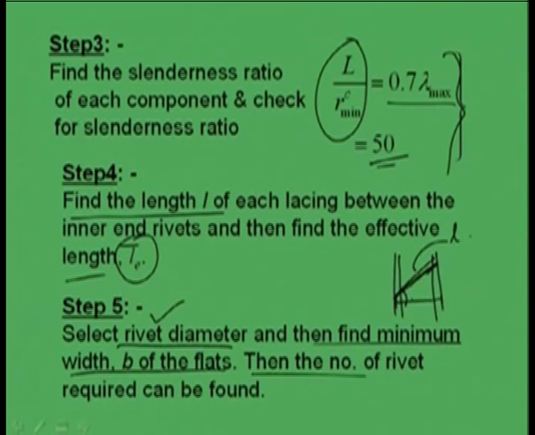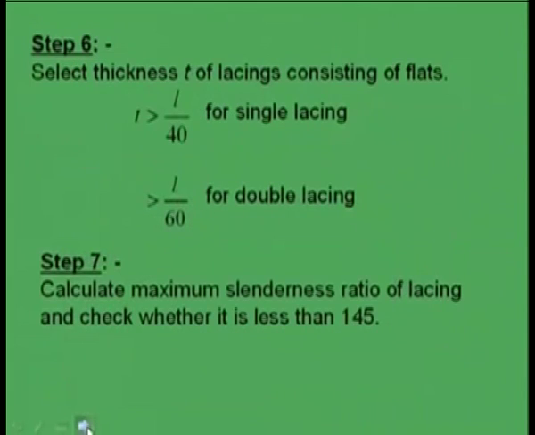And then the number of rivets required, that also we can find out. Next what we will do? Next we will find out the thickness. As we know from the codal coefficient, thickness should be greater than L by 40 for single lacing system and L by 60 for double lacing system.